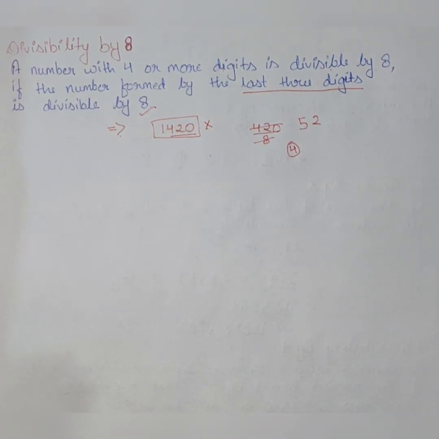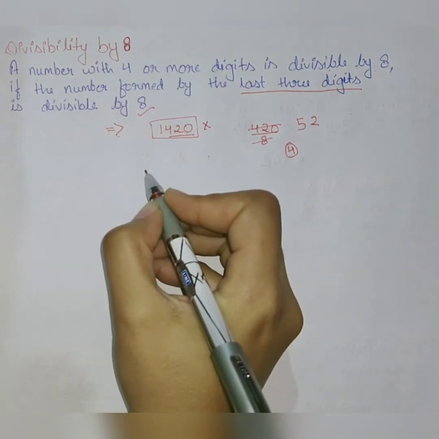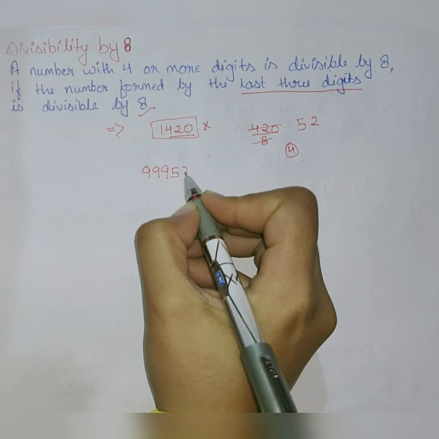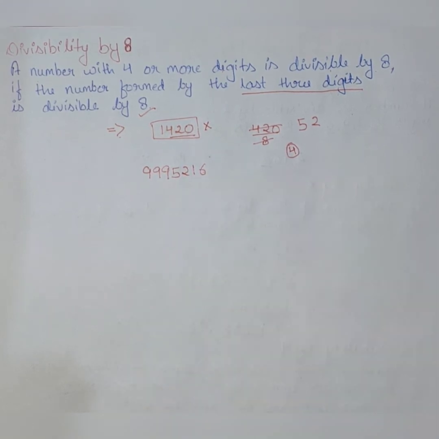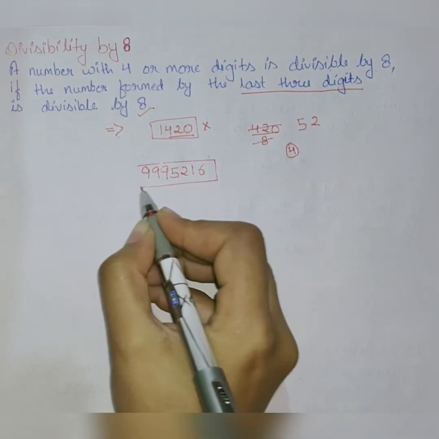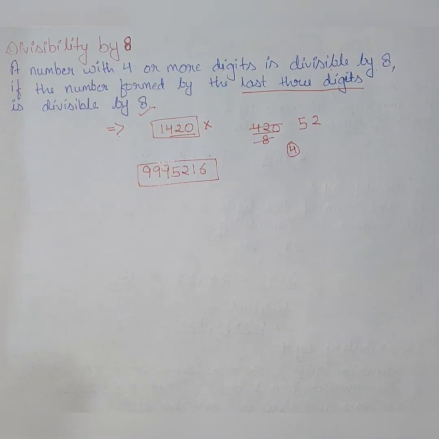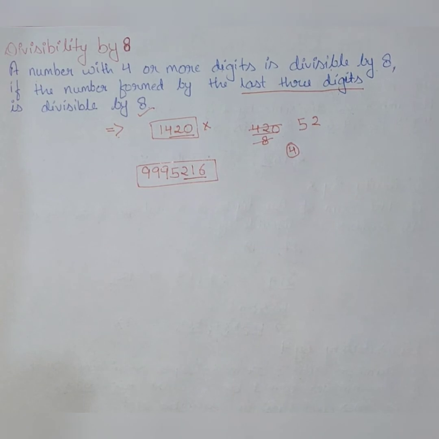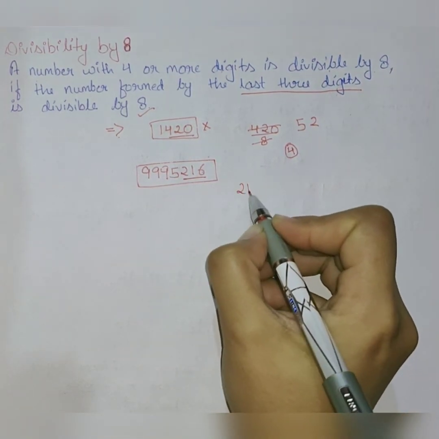Now let's take another number. Suppose you have the number 9995216. In this number you have to check whether it is divisible by 8 or not. According to our rule, the last three digits here are 216.